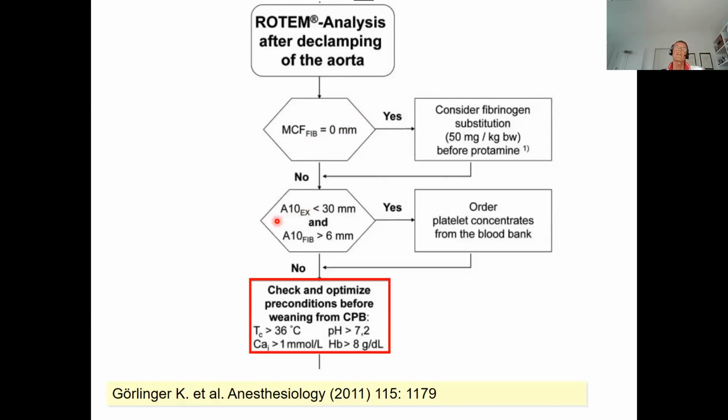If the A10 in the EXTEM is below 30 and the A10 in the FIBTEM is above 6, it's a platelet but not a fibrinogen problem. So then they order platelet concentrates. Besides, and very important, they always optimized the milieu interior. So they avoided hypothermia, low calcium, acidosis, and very low hemoglobin.